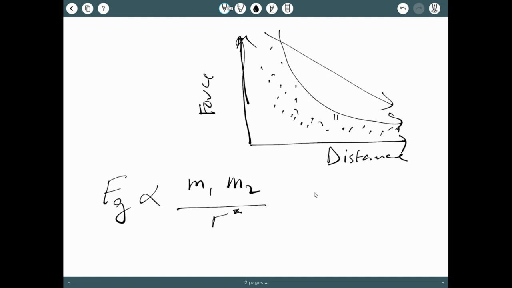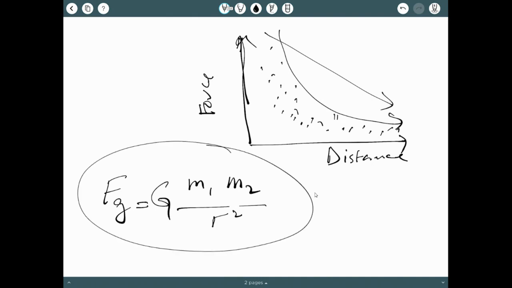And then, say, through theory and additional work, we figured out that it actually varies by the square of the distance. And in order to make the relationship more exact, we have a gravitational constant.